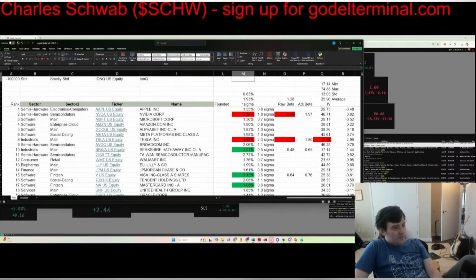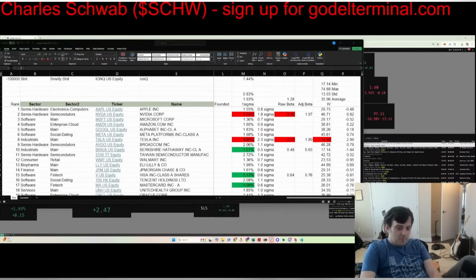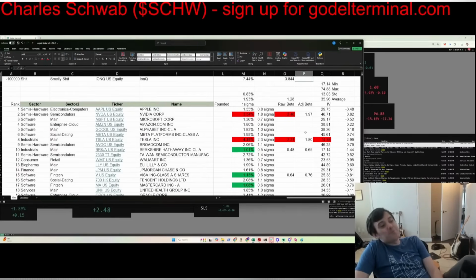Let's look at the details. Okay, historical return histogram, 7.4%, almost double Tesla. Beta. This thing has a 3.8 beta.